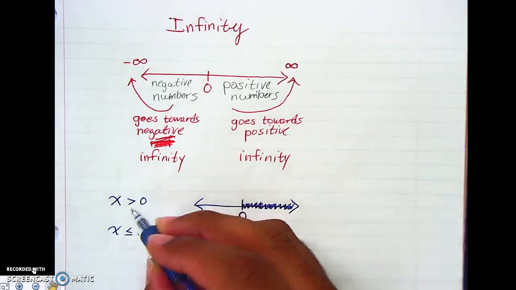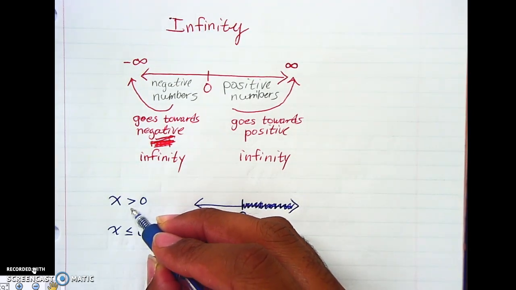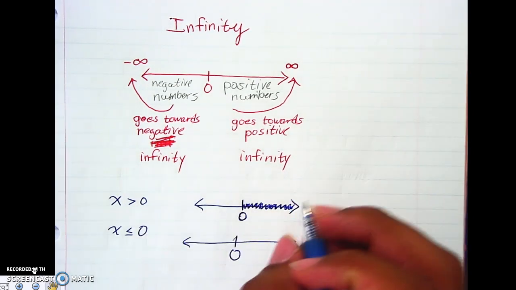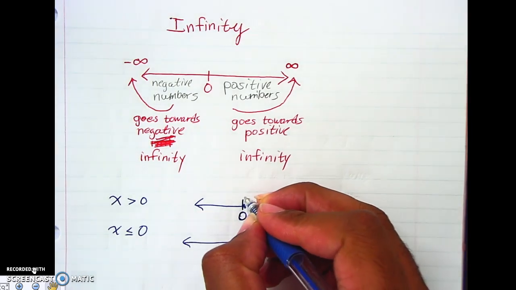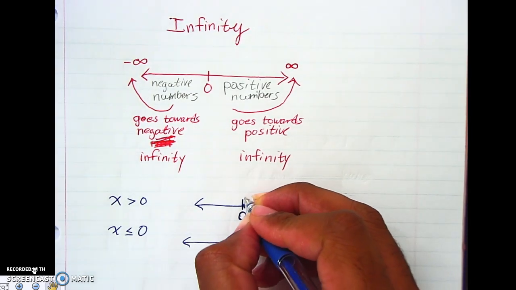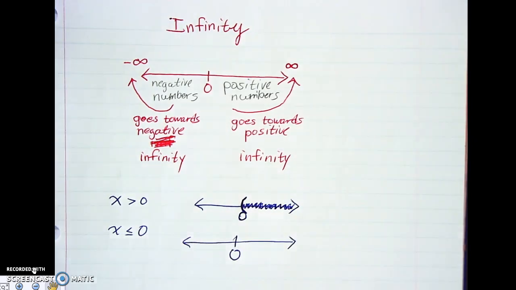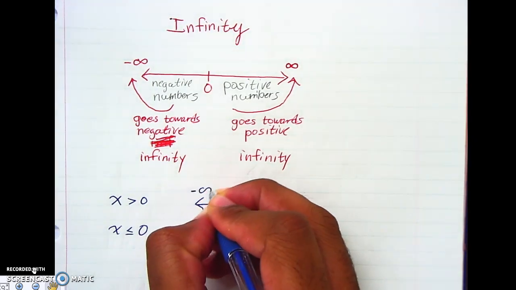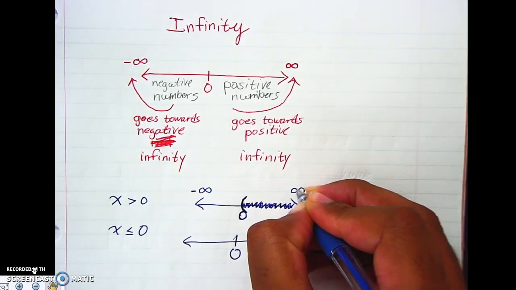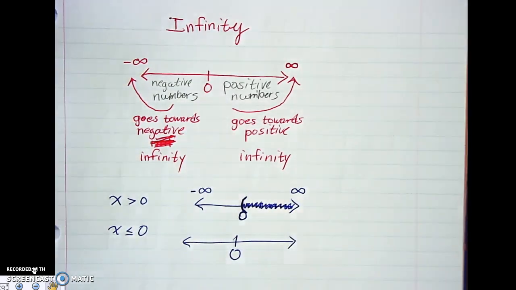Because it's a greater than sign, we're going to have a parenthesis that cups around the shaded area. We're going to go from negative infinity on this side to positive infinity on this side. So that's graphed out the inequality with the infinities.